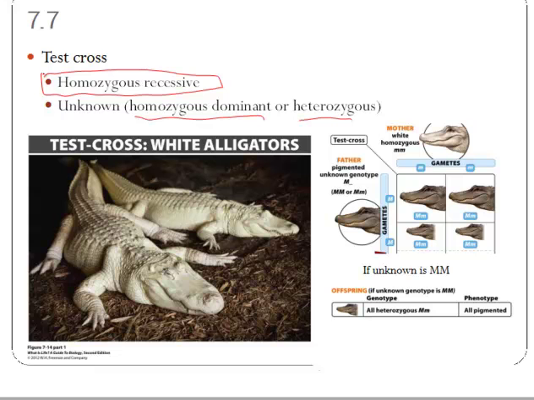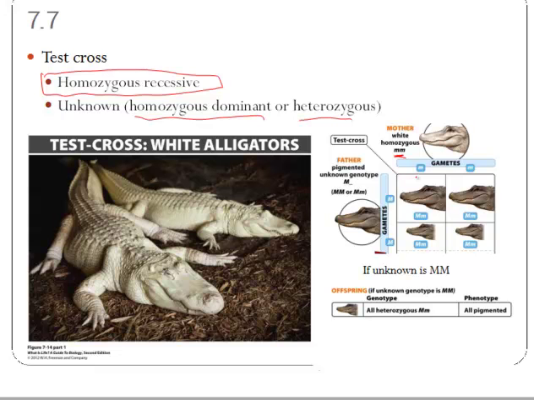If we're test crossing for our white alligators here, we have a homozygous recessive white alligator, so 2 little letters, m. And we have a father, and we don't know. Does he have 2 capital M's or a capital M and hiding that lowercase m? So we do a test cross.